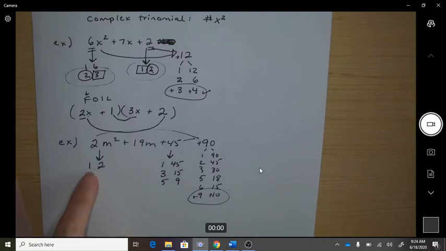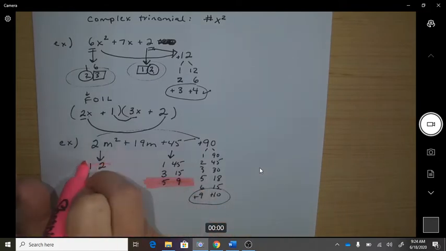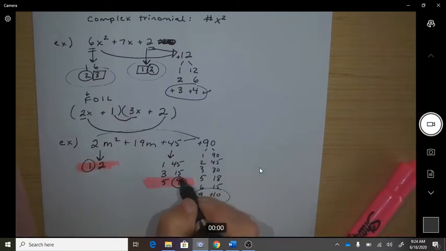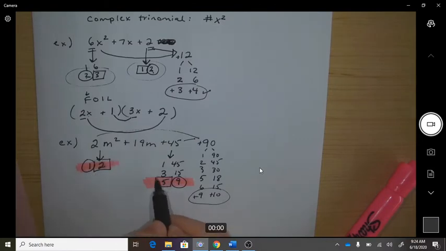So now, do you see, this is the only pair. Does it pair with any of those to make a 9 and a 10? I can see that that group with that group is what's going to work. I'm going to pair the 1 and 9 together to get a 9, and I'm going to pair the 2 and the 5 together to get a 10.